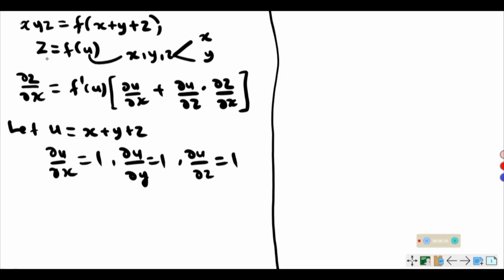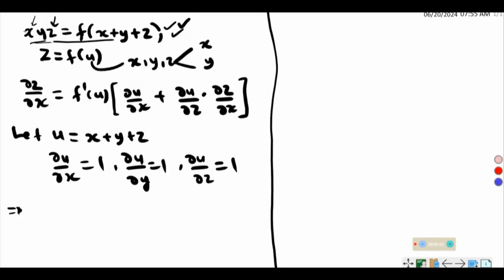So we want to take the partial derivative of this with respect to x first. Then we also do the same with respect to y.